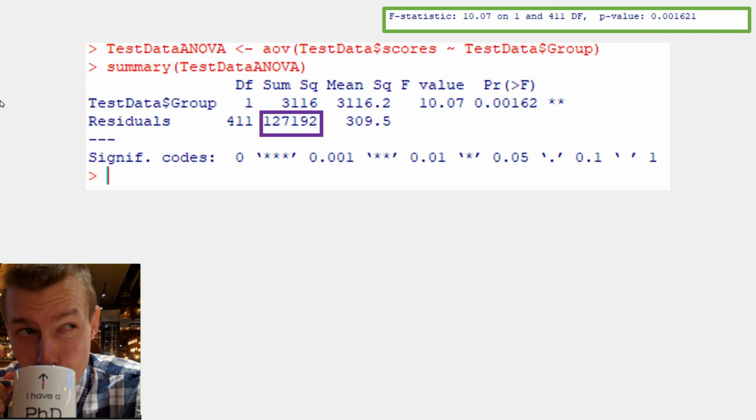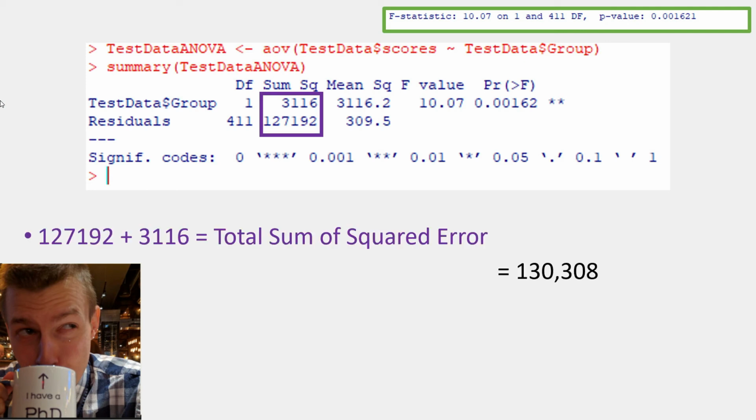127,192. That is apparently 3,116 squared error units better than we would be doing by guessing the grand or combined mean of both universities every time. Our error in that case, our error if we guessed the grand mean for every case, would be the total sum of squared error, also called the sum of squared error total. 127,192 plus 3,116 equals the total sum of squared error, which equals 130,308.